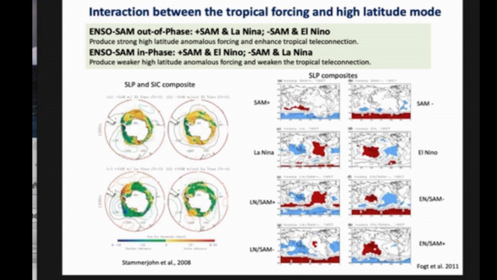First, they did composite analysis. What is colored here is a significant anomaly, and the contrast of the pressure anomaly. With positive SAM, we know there is low pressure at high latitude and high pressure at low latitude, and for negative SAM you reverse. That's very understandable. And here is La Nina. At high latitude, we have low pressure here and high pressure on the continent.